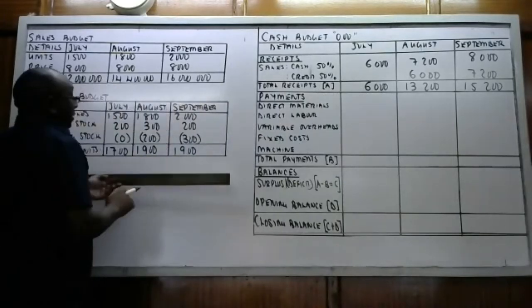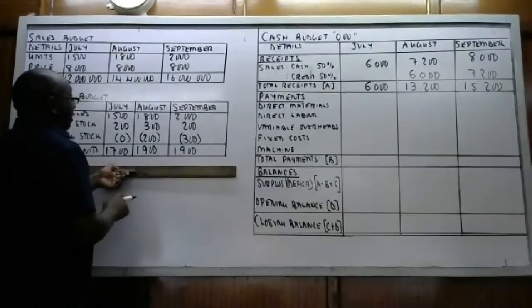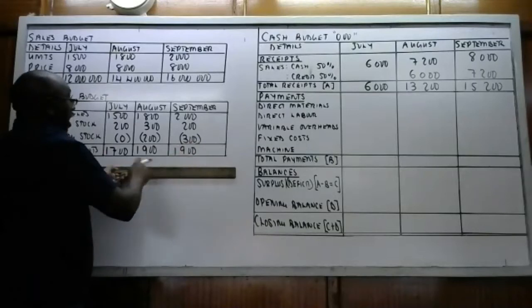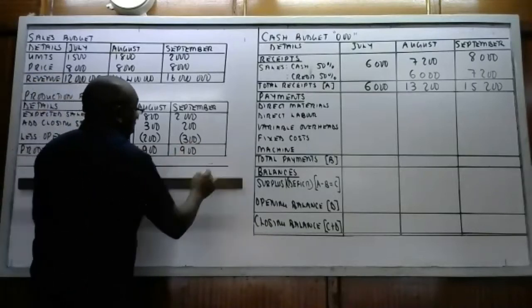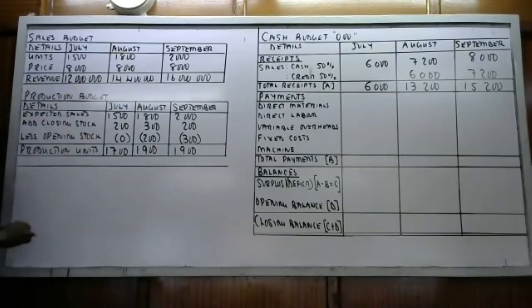The next budget that you require is the production costs budget.